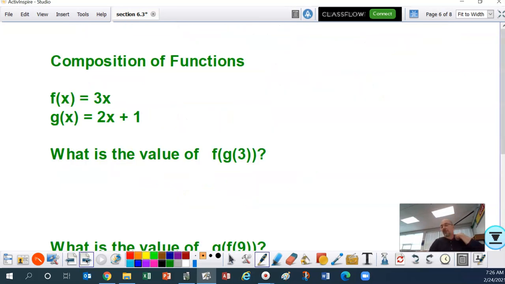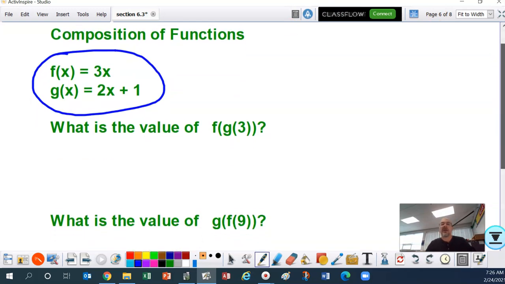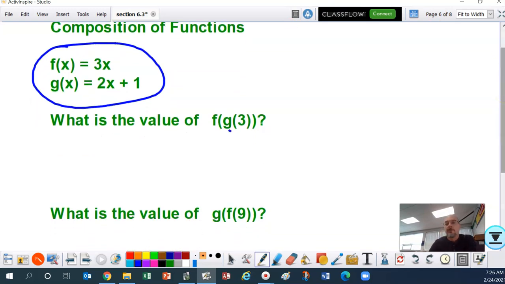All right, so here, these are much easier, okay, because you're just dealing with numbers. You're plugging in numbers. All right, so here we go, ladies and gentlemen. So here's our two functions, and you can notice that it says f of g of 3. F of g of 3.